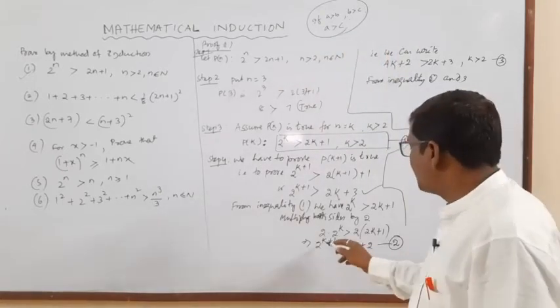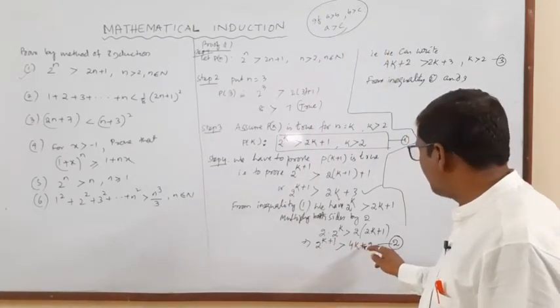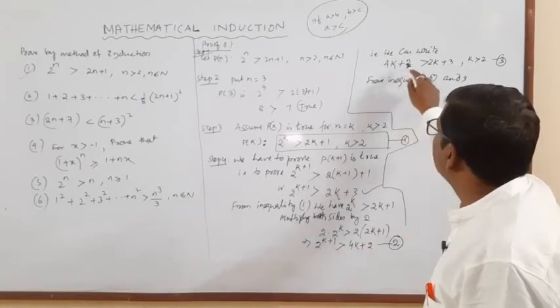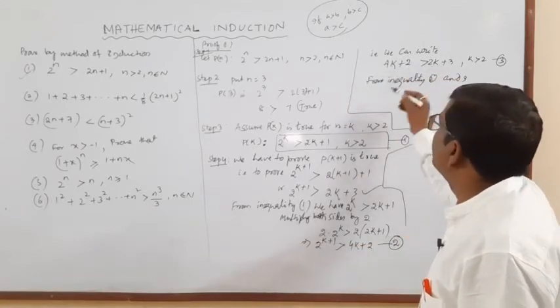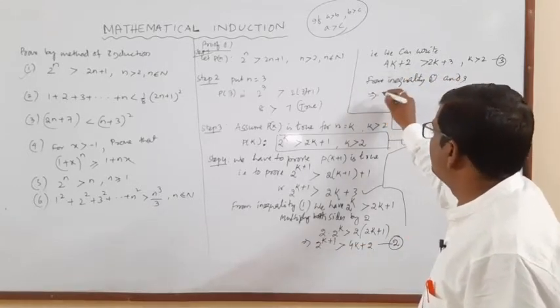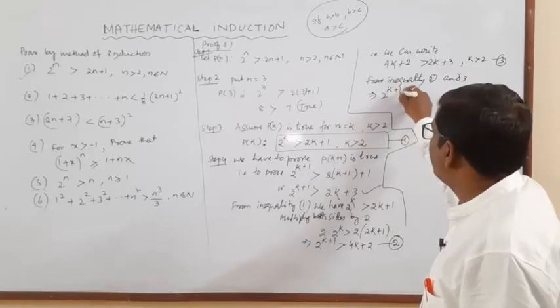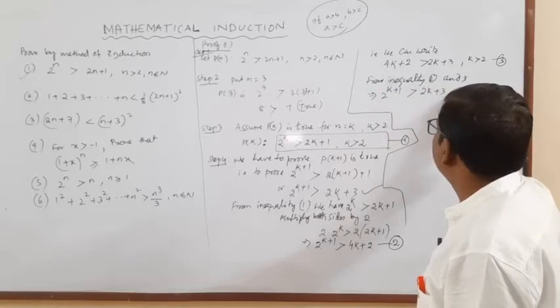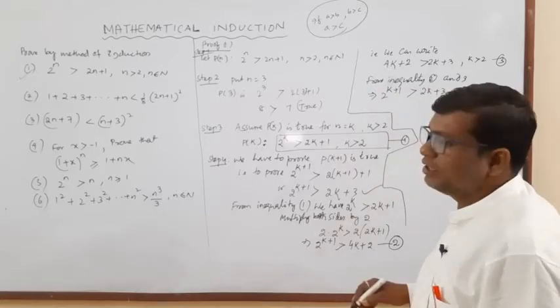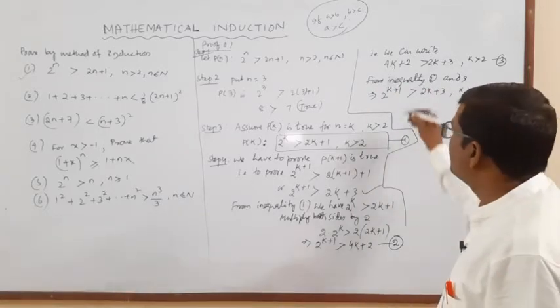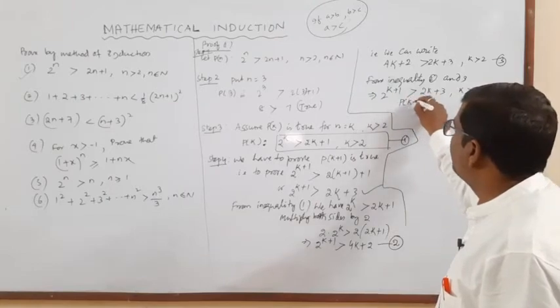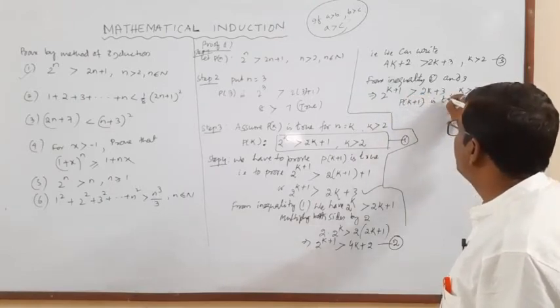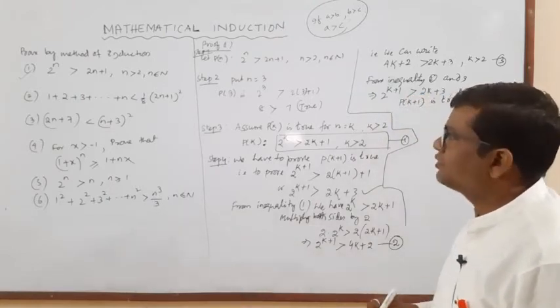So 2 to the power k plus 1 greater than 4k plus 2, and 4k plus 2 greater than 2k plus 3. That implies 2 to the power k plus 1 greater than 2k plus 3 for k greater than 2. Therefore, P(k+1) is true.